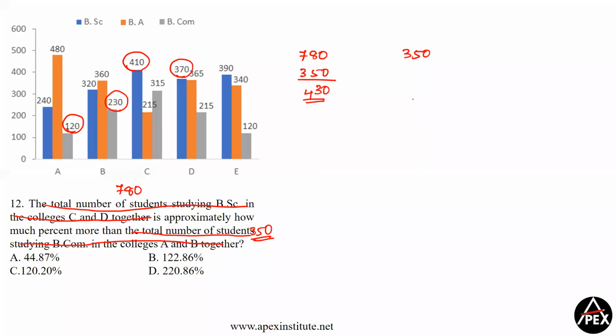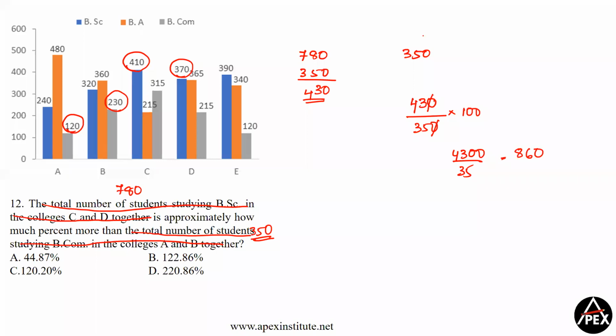So it is 430 more than 350, but in terms of percentage, divide by 350 and find the answer. Now, this is almost greater than 3, or let's divide it with 5, isn't it? So if I divide this with 5 by 35, this will be 8, 860.